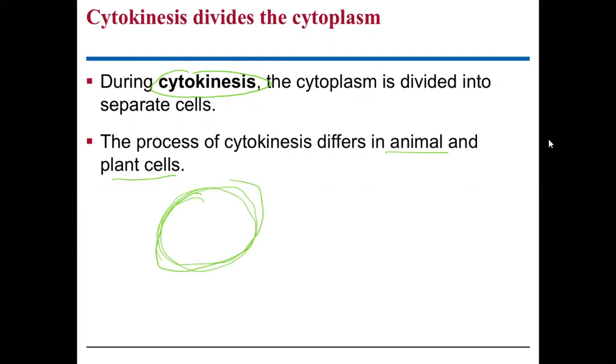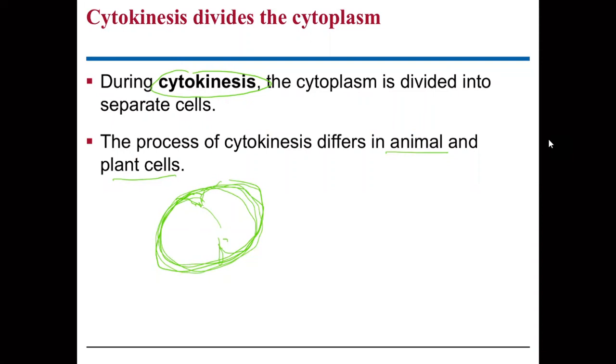So because of this characteristic, the division of the cytoplasm can occur by simply pinching off, because you don't have the limitation of a rigid outer covering, which is the exact issue or concern for plant cells.